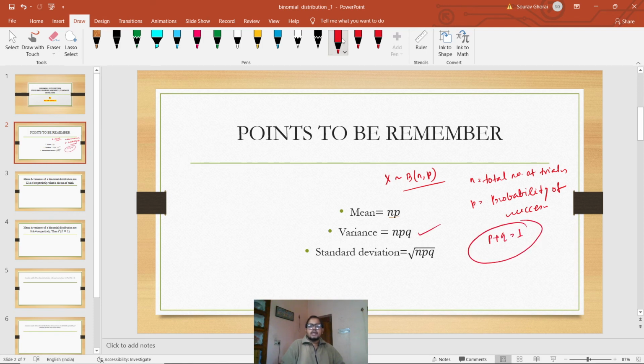The variance will be npq and the standard deviation is the positive square root of variance, that is root over npq. So now I'm going to discuss some problems.